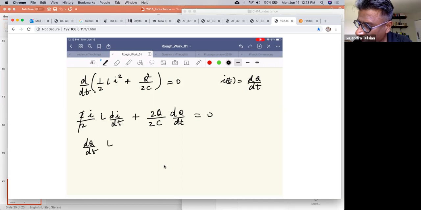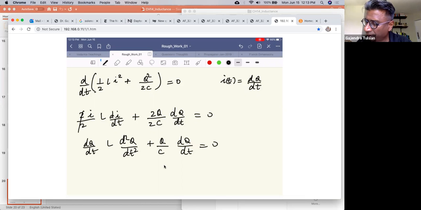So L dI by dt is L d squared Q by dt squared, plus Q over C dQ by dt equals 0. So dQ by dt cancels, since for most of the time it's not 0, so we can cancel that.